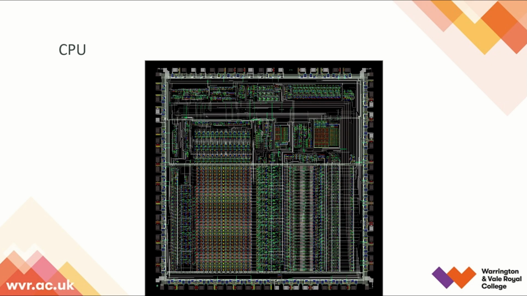You can see that there's a large area down here, which is the ALU. And the ALU has a large area of predefined functions built into it, already developed from its manufacturing. So there'll be areas for doing addition, another area for doing subtraction, another area for doing multiplication, and so on and so on.